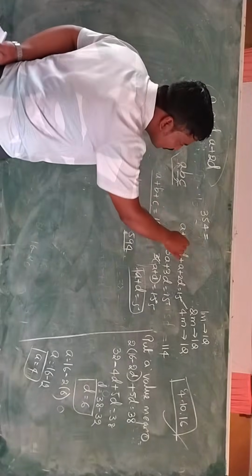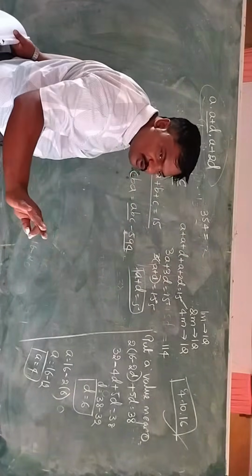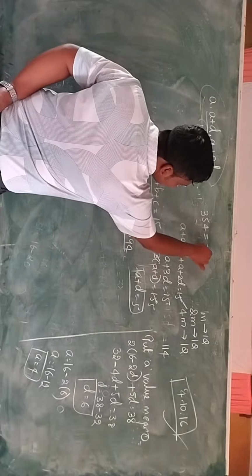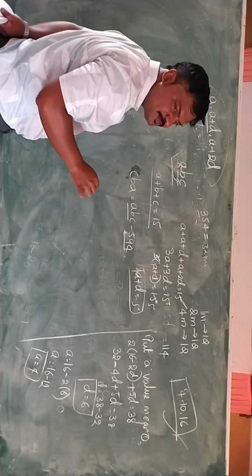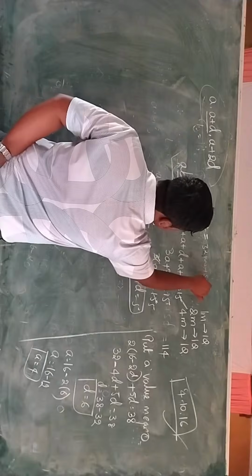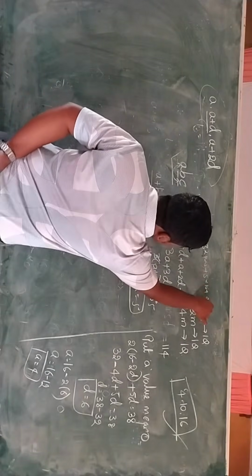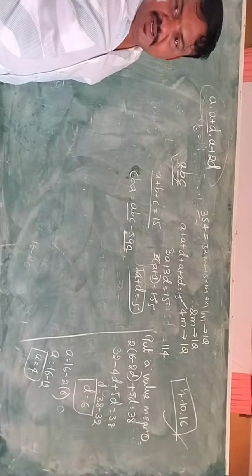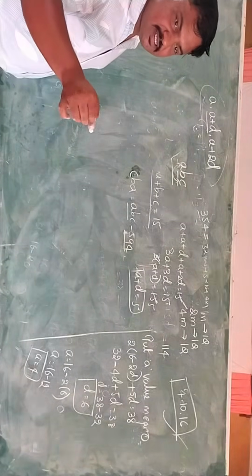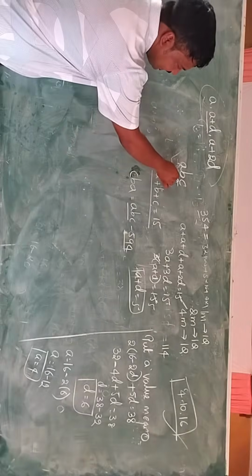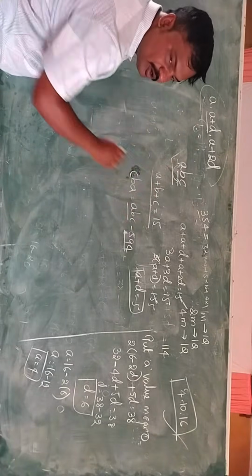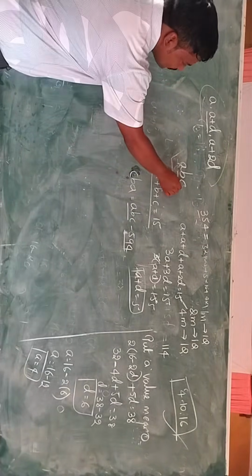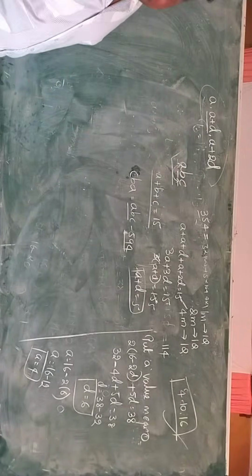Not 3 plus 5 plus 4, but 3 into 100 because 3 is in the hundreds place, plus 5 into 10, plus 4 into 1. Similarly, 100A plus 10 into A plus D, which we already got as 5, then plus 1 into A plus 2D.